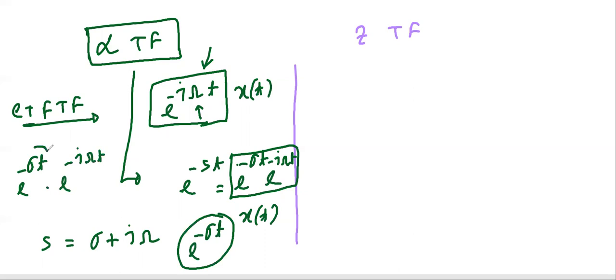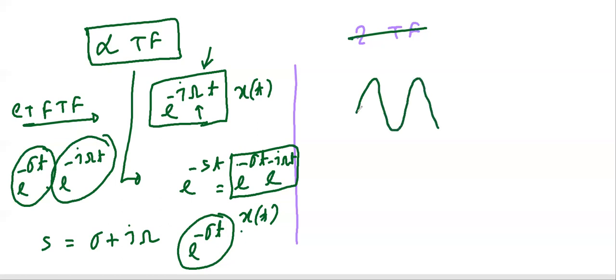This part, e to the power minus j omega t, represents the oscillation. For a particular value, this is a pure sinusoidal wave, whether the real part or the imaginary part.